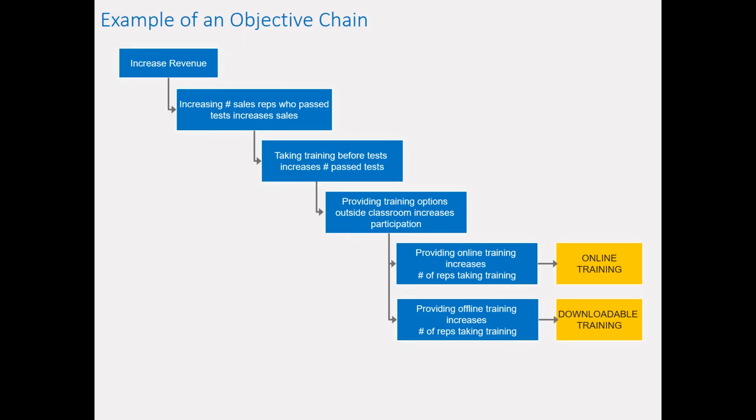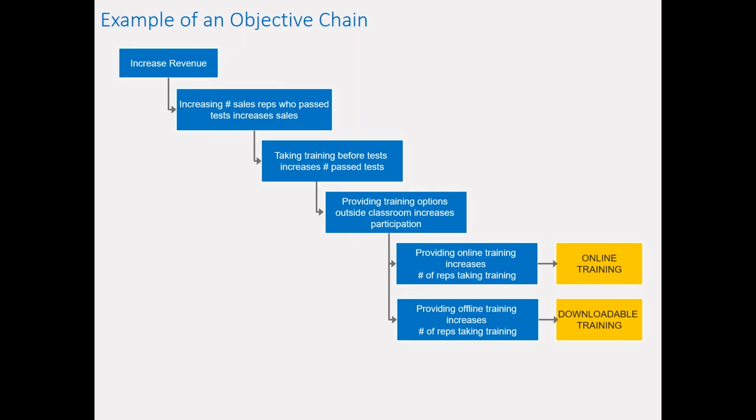So we figured out that if people take training, then they pass these tests that the team had in place. So then we have to think about, well, why is passing tests a good thing? And when we do that, we realize that passing more tests means that they know their products better and they sell more. Okay, so all I've done right there is state some pretty obvious things, but what I'm saying is that building training can actually help us sell more, right?